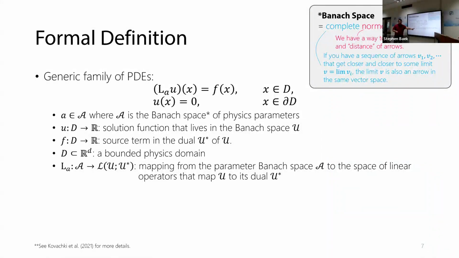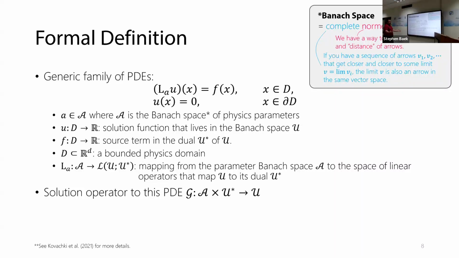And the linear operators themselves, what they do is go from a function U to another function F. So we're finding the relationship between functions and functions, and that is the space of linear operators, L. And then that linear operator is generated from physical parameters, okay? So that is the setting for the operator learning problem.